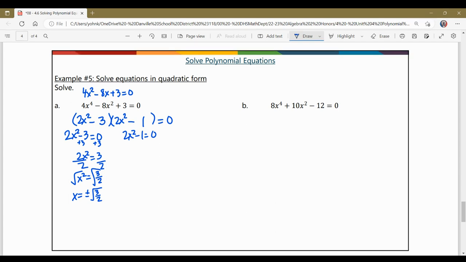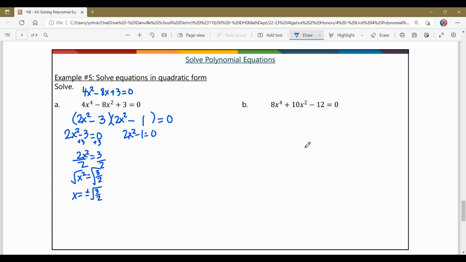And I can't leave a root in the denominator. So this is like saying root 3 over root 2. Can't leave a root 2, so I'm going to multiply top and bottom by root 2. That's going to give me root 6 over root 4. So my x is going to be plus or minus root 6 over 2, because the square root of 4 is 2.